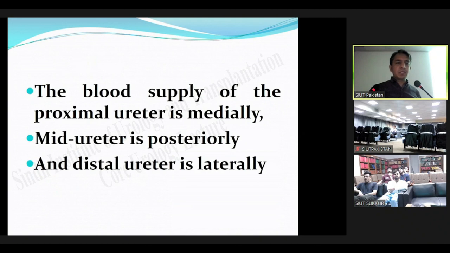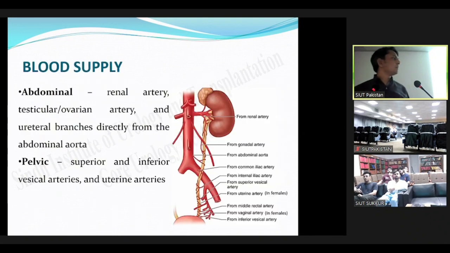So we have discussed the blood supply. The more we understand the supply of the ureter, being urologists, at least we won't commit such a thing as an injury to the blood vasculature that can ultimately cause damage to the affected segment of the ureter.